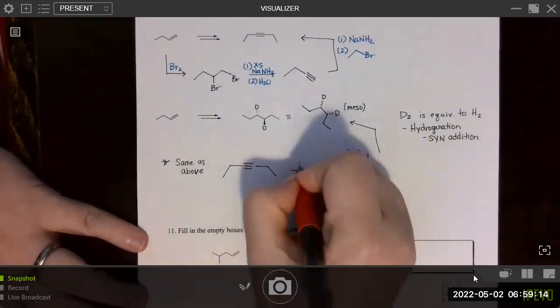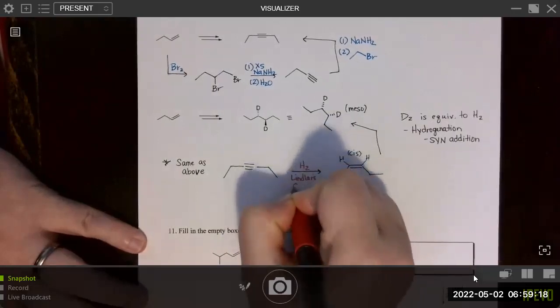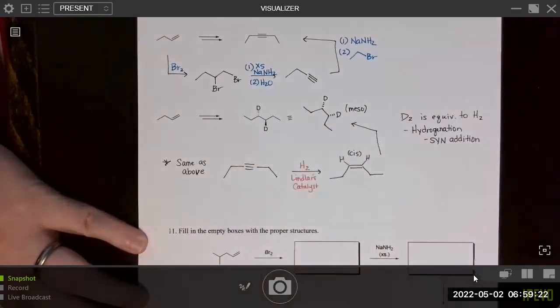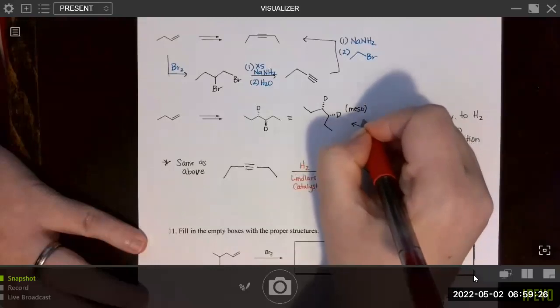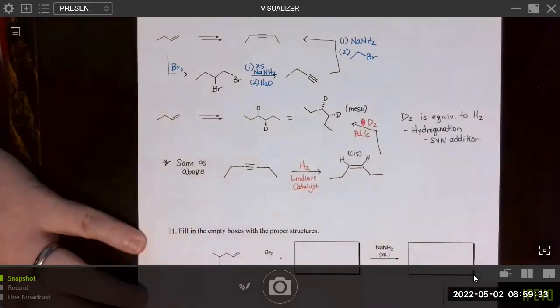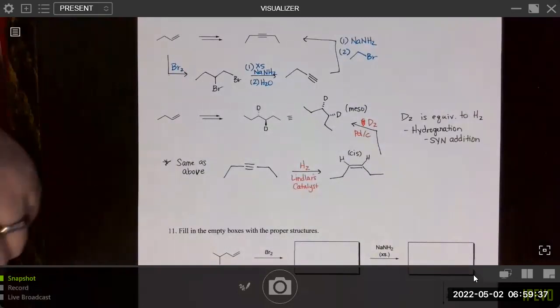So we want to do H2 and Lindlar's catalyst. And then we want to add D2 and platinum or palladium on carbon. Okay.